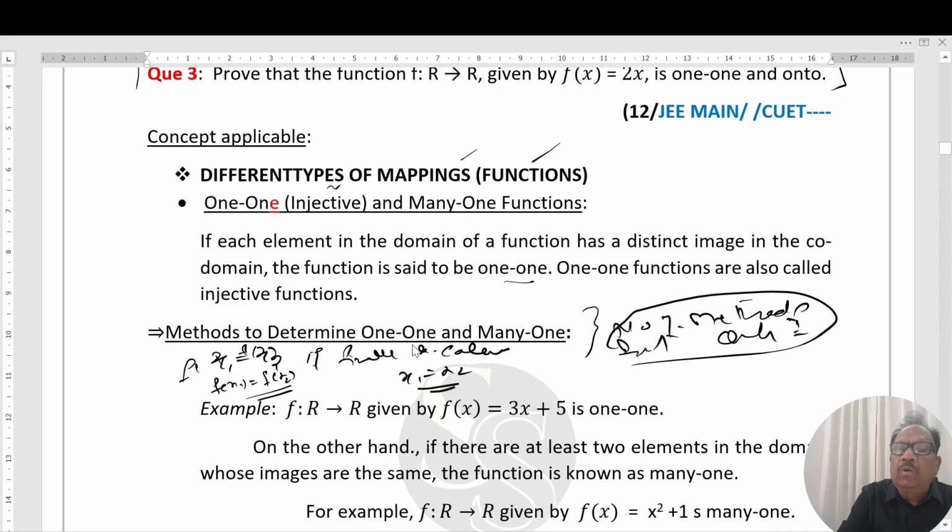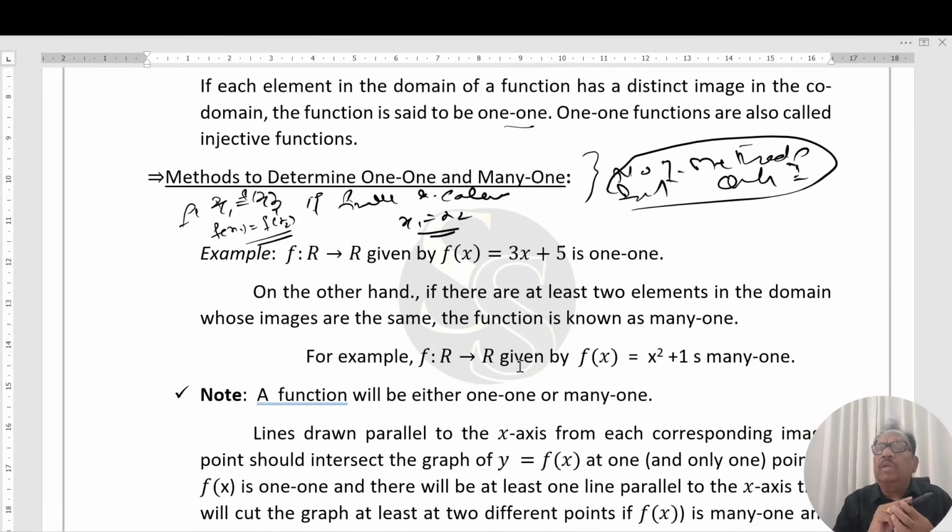If finally on calculation we get x1 equal to x2, then it is injective or one-one function, otherwise it is many-one. Another method I will discuss in another session.